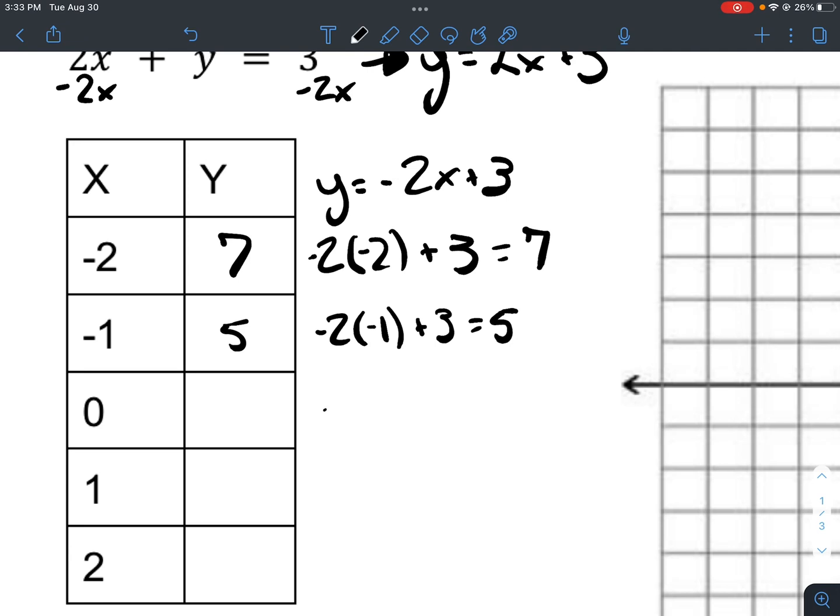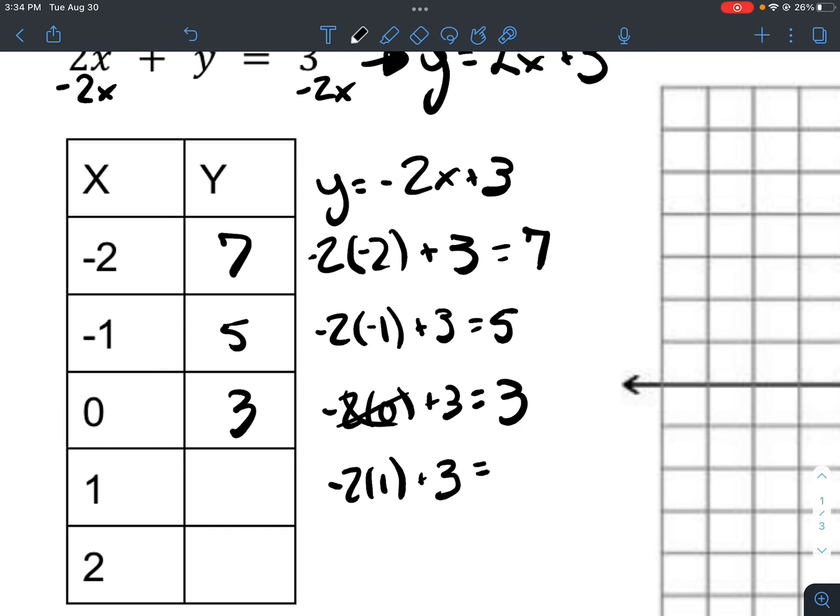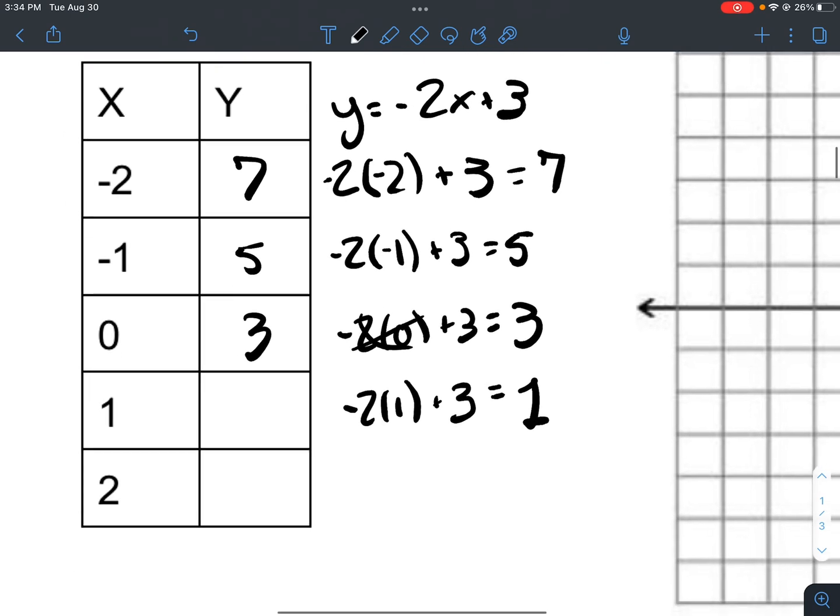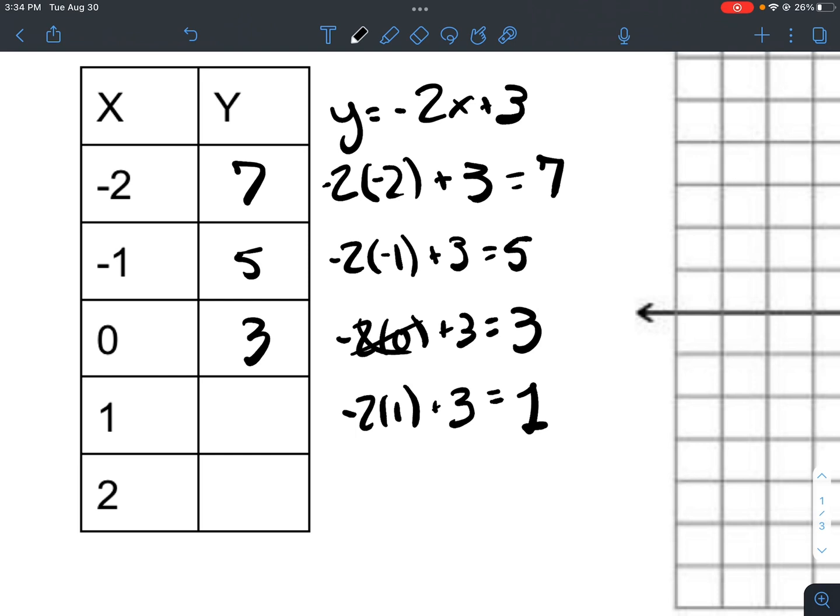When we plug in 0, we have 0 plus 3, so we just get positive 3. When we plug in a 1, it's negative 2 plus 3, so we get 1.